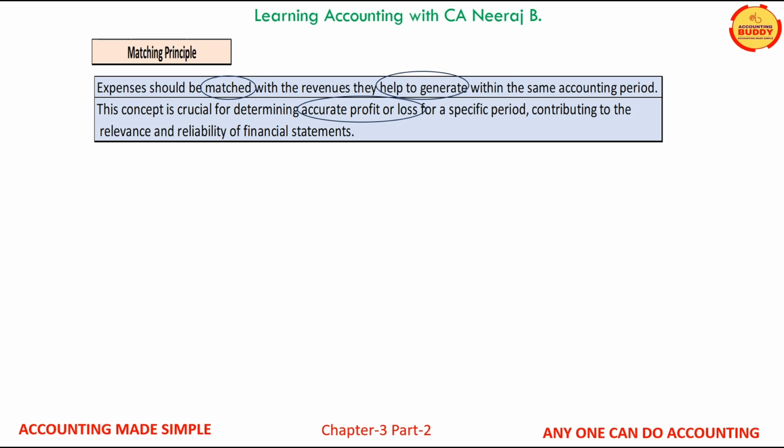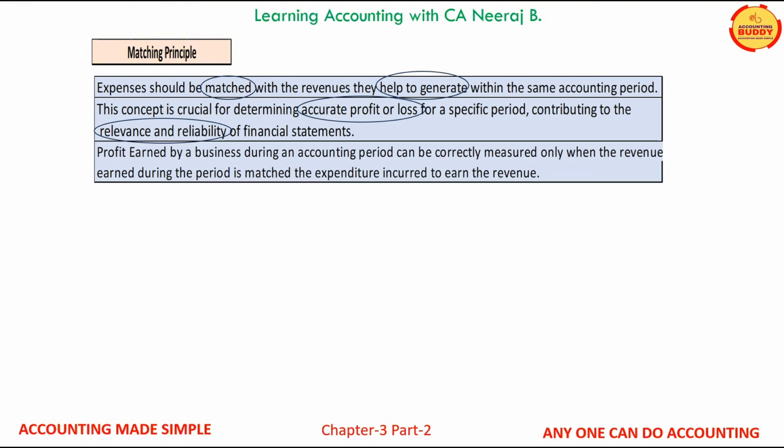Thus, this principle ensures the relevance and reliability of financial statements. It is a basic logic. If the business considers and deducts all the expenses incurred to generate the revenue for a specific accounting period, then only accurate profit or loss of the business can be determined.